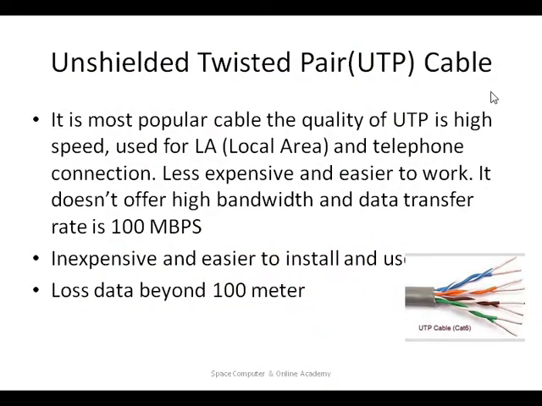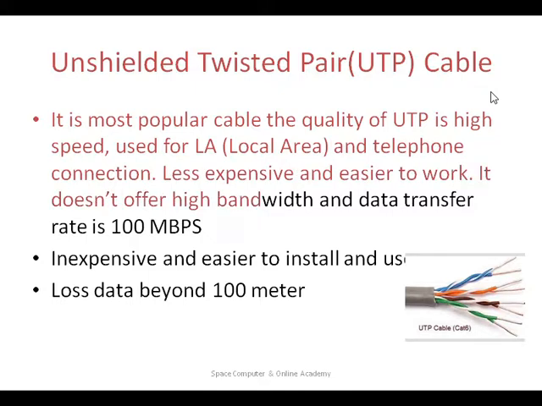UTP means unshielded twisted pair cable. It is the most popular cable. The qualities of UTP are high speed, used for local area networks and telephone connections, less expensive and easier to work with. It doesn't offer high bandwidth, and the data transfer rate is 100 Mbps.